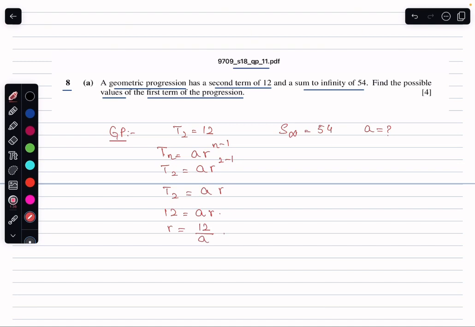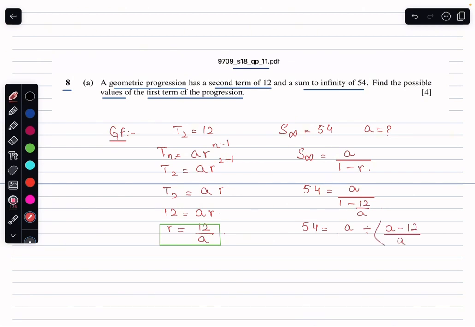So this is the first equation for r in terms of a that we have in this question. The second information that we have is regarding the sum to infinity. The sum to infinity is given as a divided by 1 minus r, or I can say 54 equals a divided by 1 minus r. Let's substitute r, which is 12 by a, so 54 equals a divided by, if I take the LCM, a minus 12 divided by a.